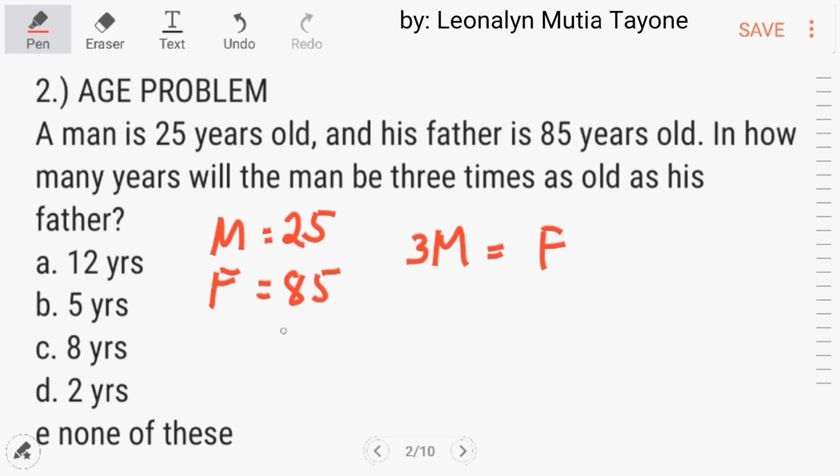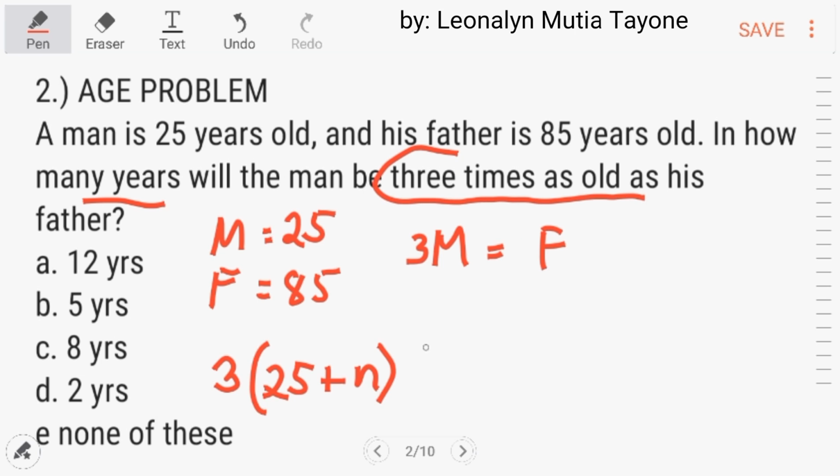Ang gagawin natin ay, itong si man is 25 plus N. Let N be that how many years. I-multiply natin ng 3 kasi sabi niya 3 times daw as old as his father. Ang edad naman ni father ay 85 plus yung years.